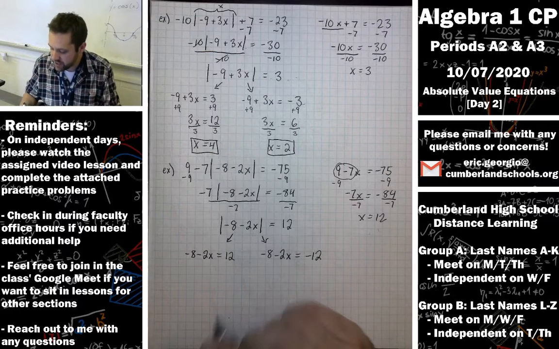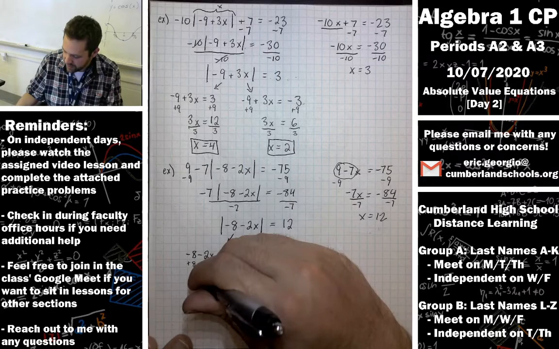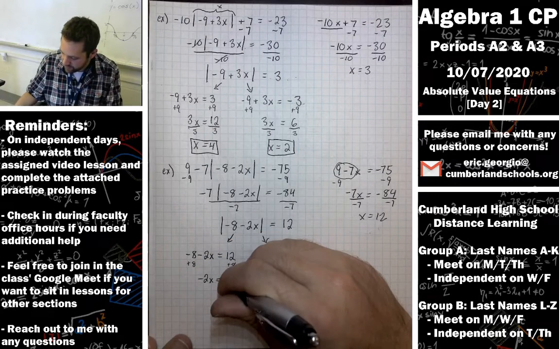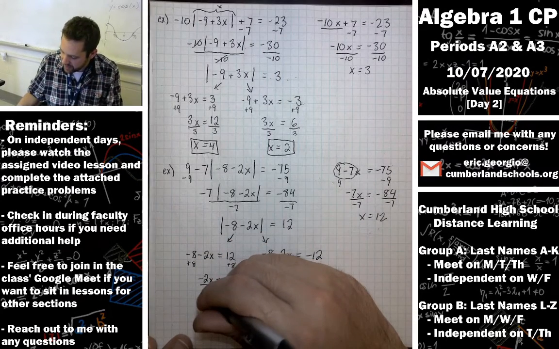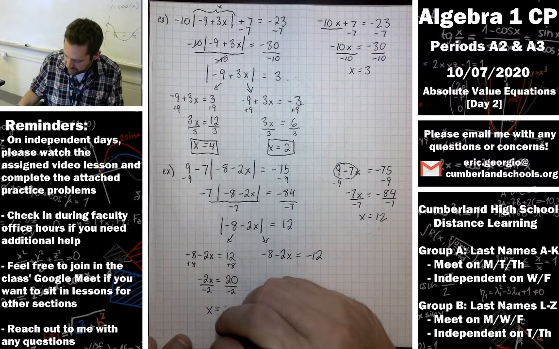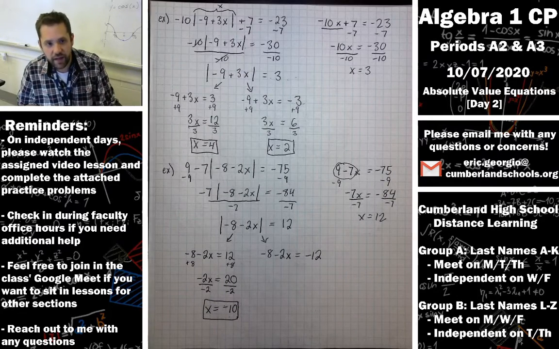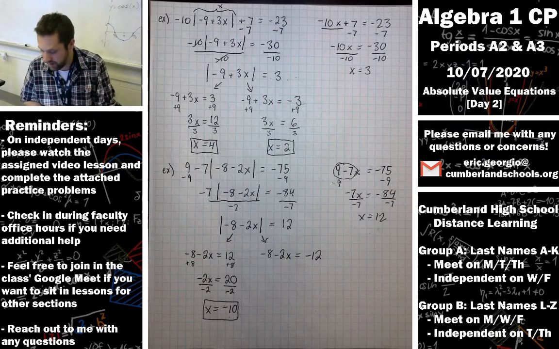Solving our two-step equations now, we would do adding 8, giving me negative 2x is equal to 20, 12 plus 8, and then divide by negative 2 to undo that multiplication, gives us x is equal to negative 10 for that first one. I almost said positive 10, I almost made a little mistake, right? Remember, positive divided by negative is a negative.